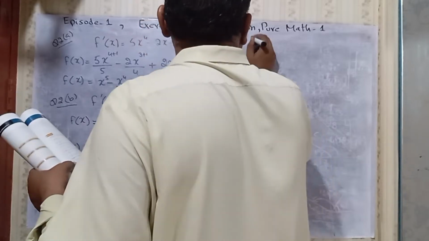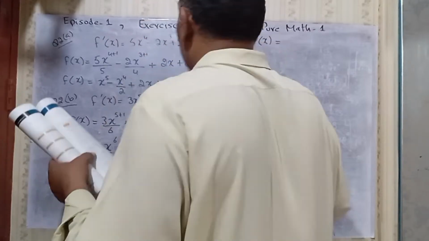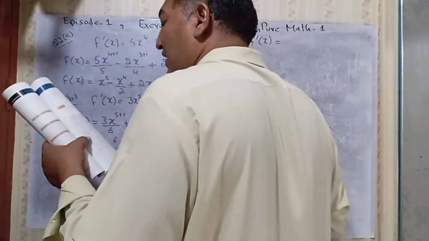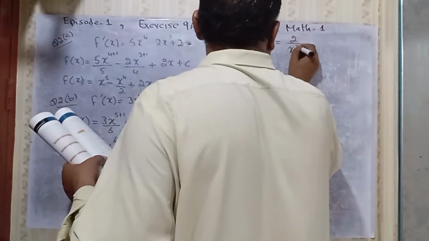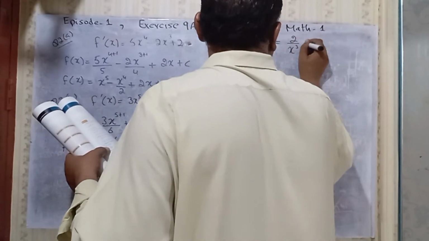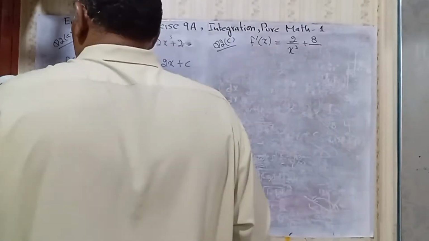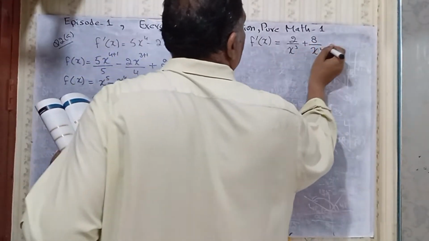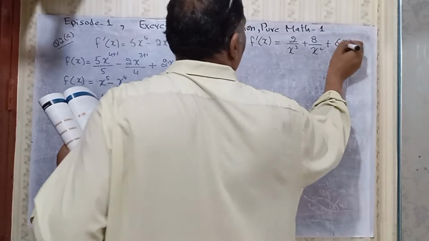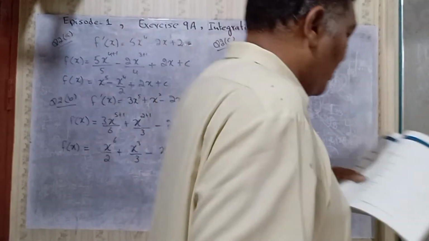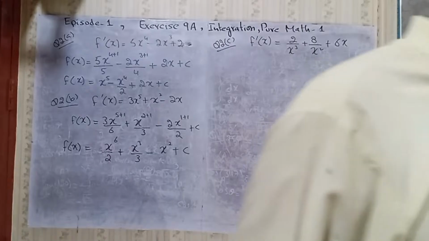The derivative of f(x) is equal to 2 divided by x cubed plus 8 divided by x squared plus 6x. We want to find f(x) in terms of x.